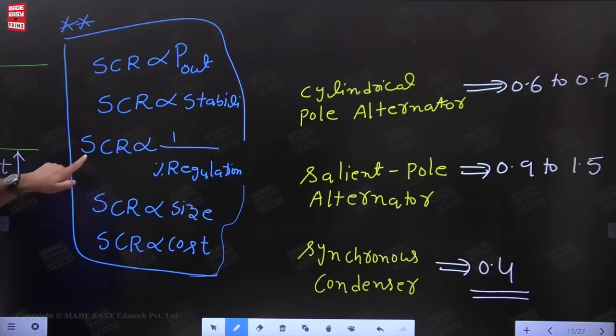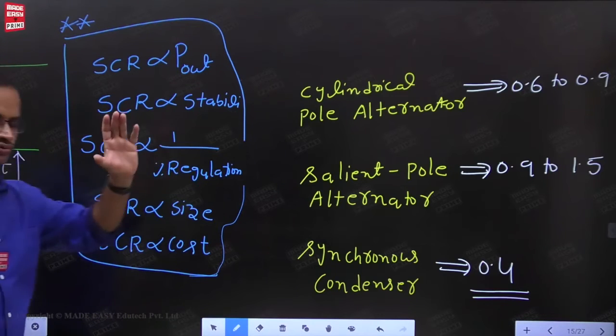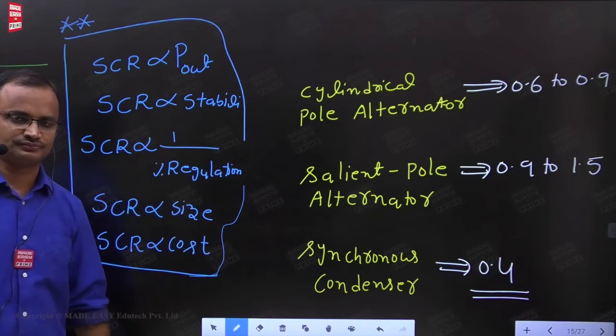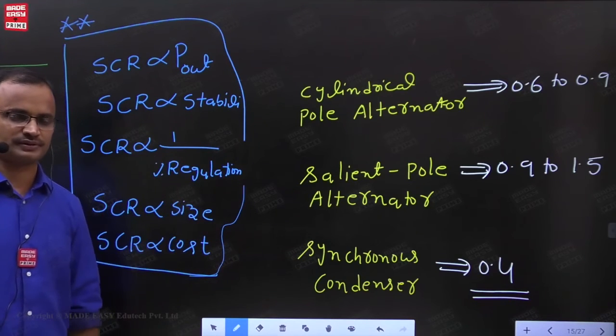And one more thing we can conclude: if SCR is high, less voltage fluctuations are present in the alternator.